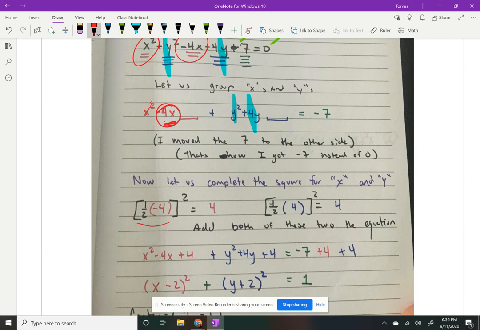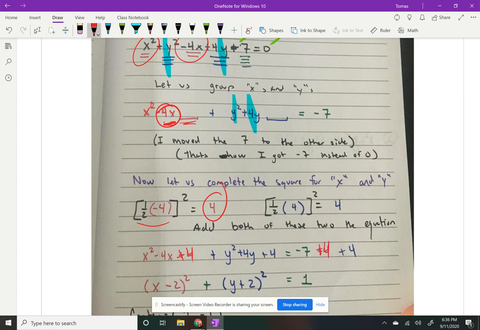And whatever that half is, I square it. So negative 4 divided by 2 gives me a negative 2. I take a negative 2 and I square it. Negative 2 times negative 2 gives me a positive 4. So this little blank I left, I add 4. But what I do to one side, I must do to the other. So I added 4 to this side.